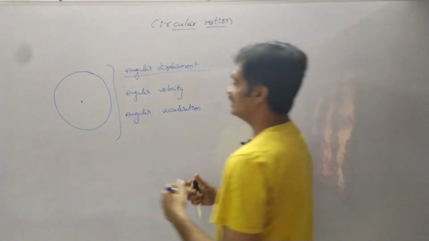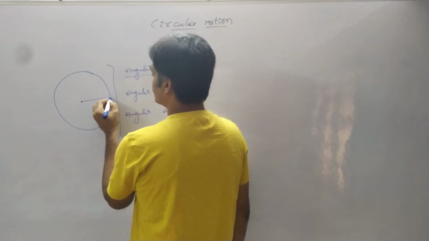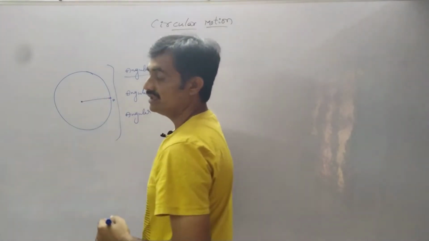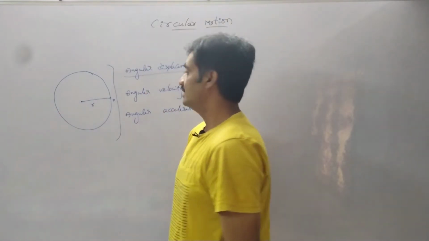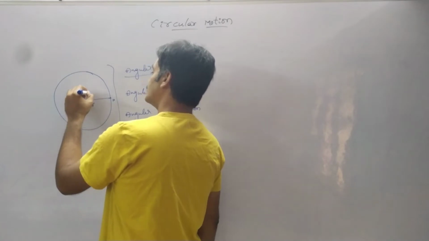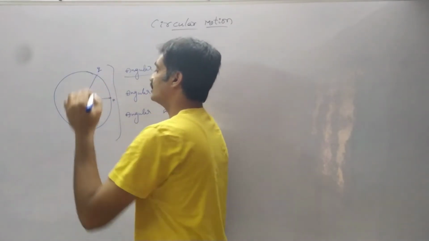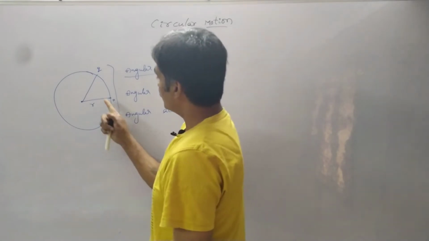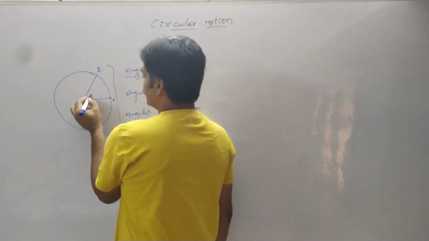If we consider initially the particle is at this position, let us consider this point as P, where the radius is R. After a time t, the particle changes its position and attains a new position, which we consider as Q. Observe that it makes an angle of delta theta.